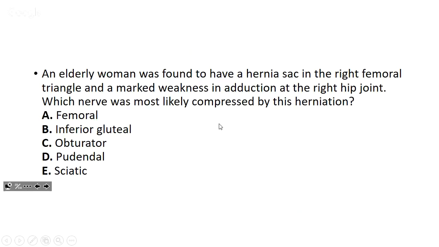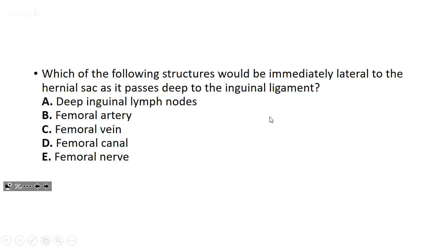Femoral, yeah. And so which nerve would be compressed by it? No. Is the obturator nerve. So it's coming more medial. Okay, which of the following structures would be immediately lateral to the hernial sac as it passes deep to the inguinal ligament?